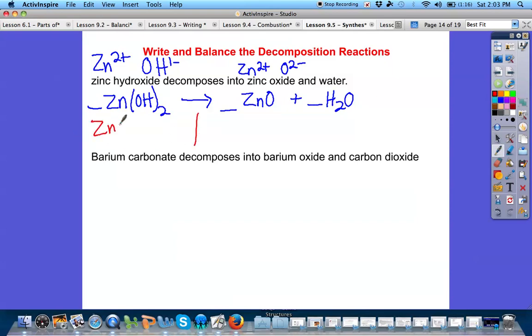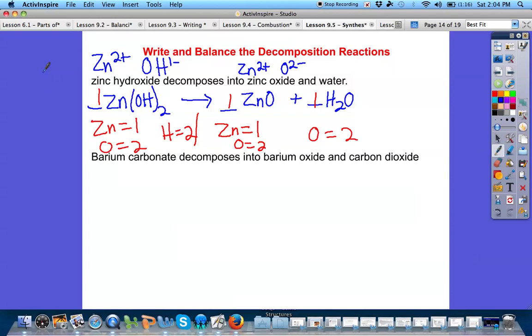We have 1 zinc, we have 2 oxygen, and we have 2 hydrogen. In our products, we have 1 zinc, we have 2 oxygen, 1 here, 1 there, and 2 hydrogen. So this chemical equation is already balanced. We just need to put 1s in for our coefficients.